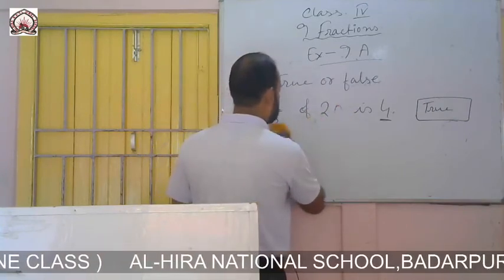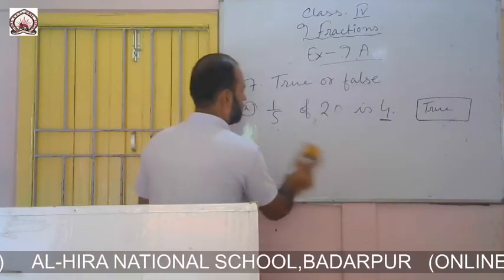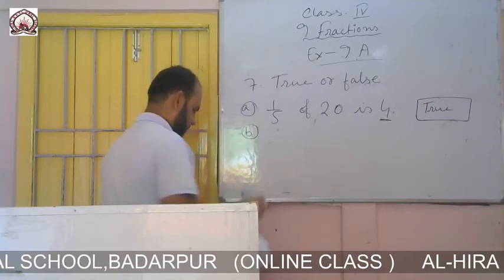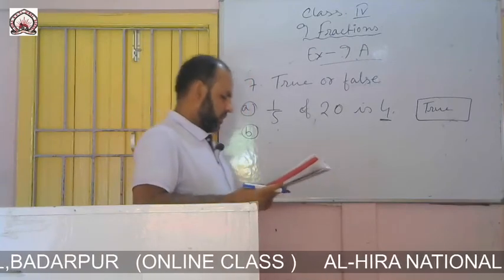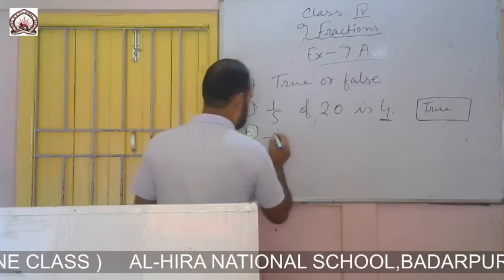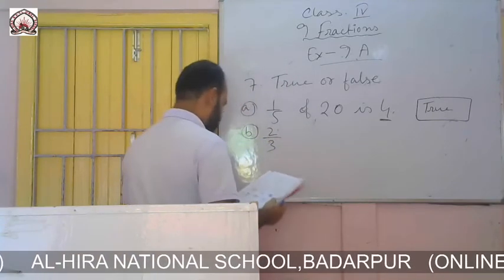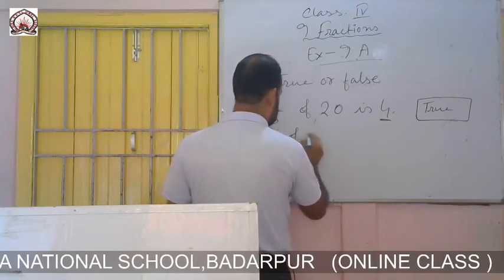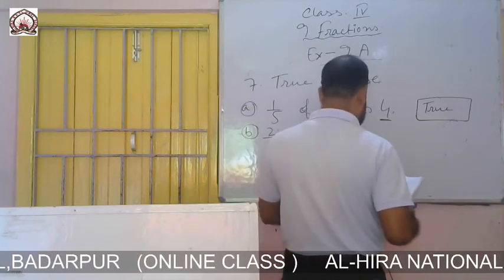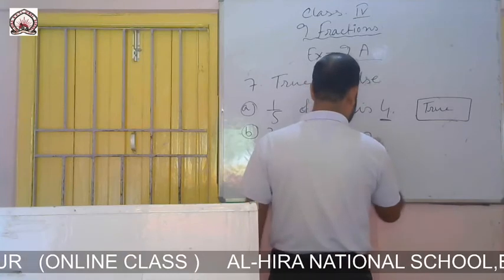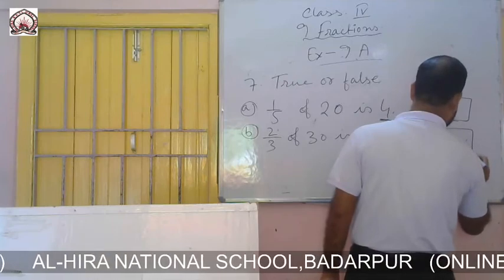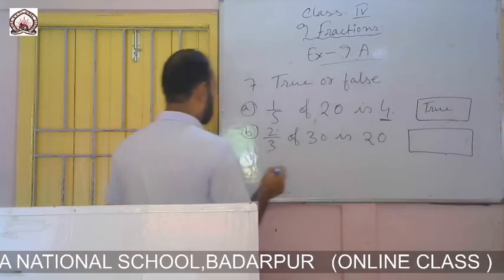Next, question number B. 2/3 of 30 is 20. True or false? We have to write true or false.